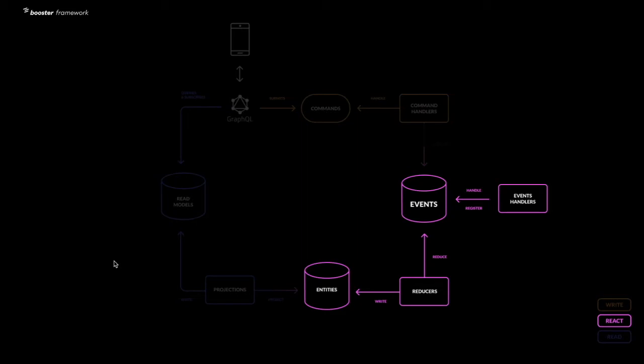In the case of Booster applications, the main source of truth are events, which are like an infinite list of objects. You can look at it like an infinite array of objects. But we have to define the format of those events. So in this episode, we're going to take a look at how to do that.